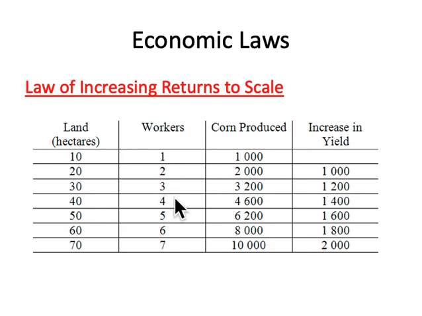Now, each one of these workers only needs to do 1 step over and over and over again on a bigger piece of land. If you do the same thing over and over again, you're going to get faster at it, right? And so those are the types of things that happen when you increase your scale, the size and power of your business. So that's the lesson on the law of increasing returns to scale.